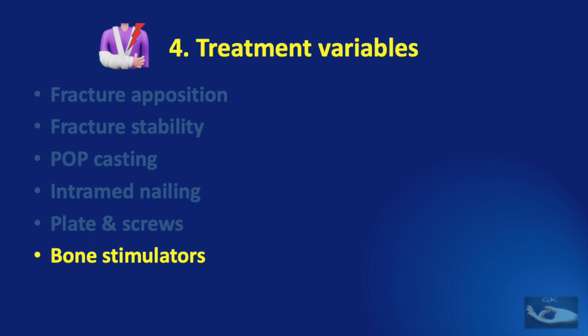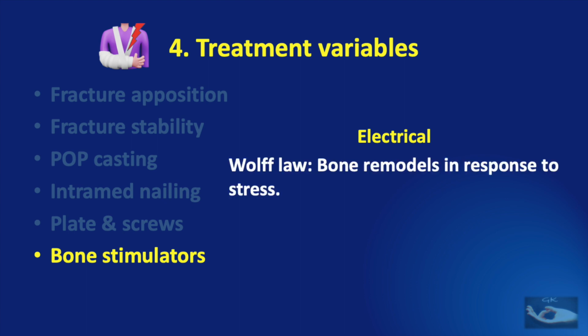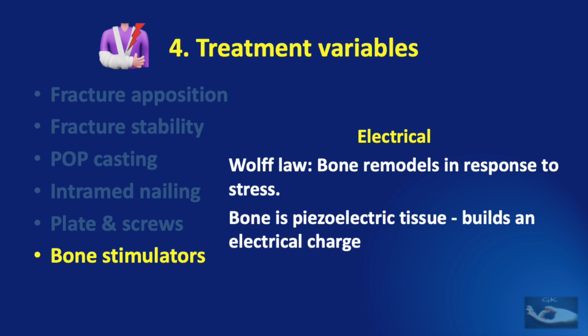Finally, we come to the role played by bone stimulators. First, we shall consider electrical stimulation. The Wolff law states that bone remodels in response to stress, and bone is a piezoelectric tissue, so it builds an electric charge, and we have already learnt about this a few minutes ago.